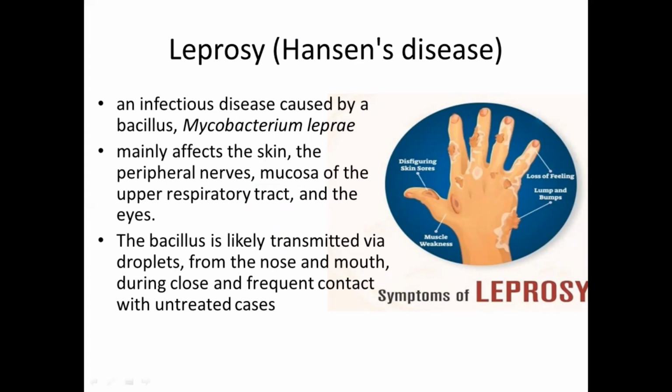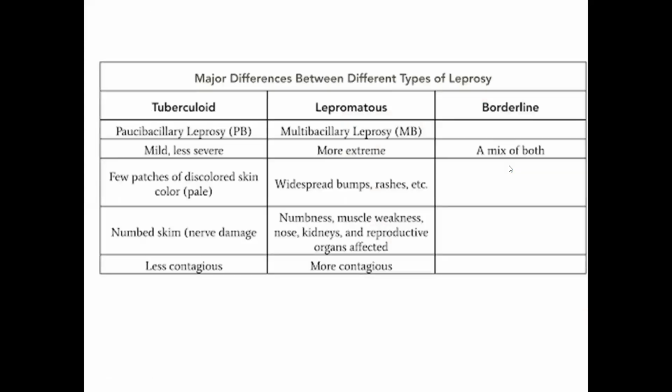So, makikita, no? Ang ketong, meron silang hypopigmentation, at the same time, parang pain, no? Parang meron silang problem sa peripheral nerves. And there are different classifications, no? We have tuberculoid, lepromatous, and borderline. So, yung tuberculoid, it is the less severe type ng leprosy.